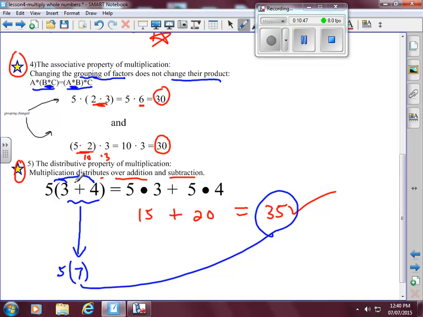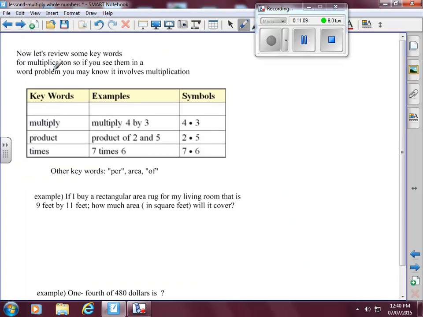Over the operations is called over the operation of addition or subtraction. So I'll make a little side note. If you had 7 times 5 minus 2, it'd be perfectly legal to say that that's 35 minus 14. Okay, legal to distribute the 7. All right, hope that helps.